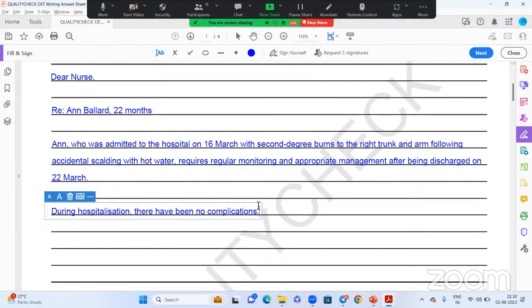There have been no complications, or the hospital stay was uncomplicated. The hospital stay was unremarkable, was normal, without any complications. Anyway, you can write there. Right. The next one.